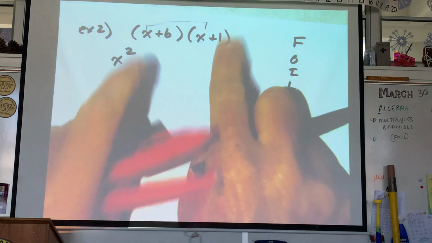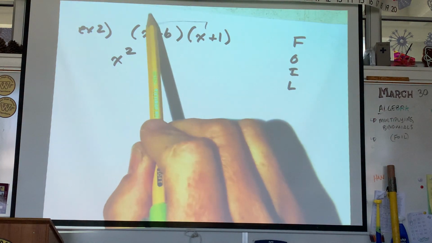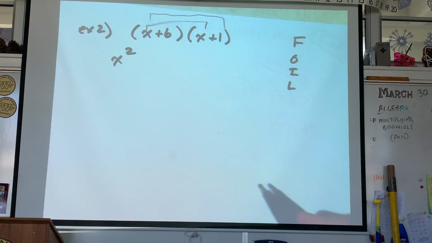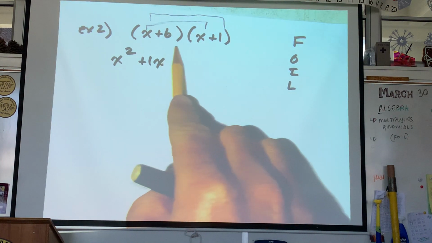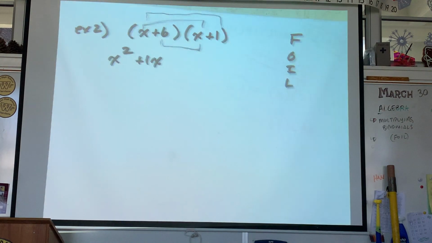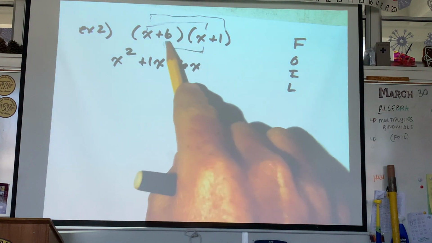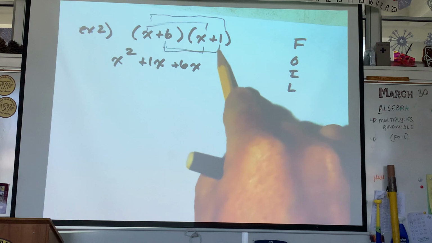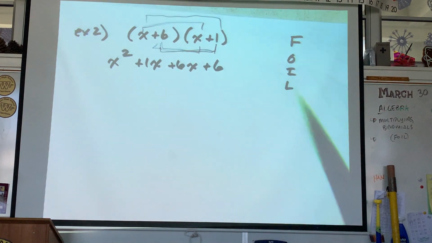The outers, here's the outers. The x and the 1. What's 1 times x? It's positive 1x. The inners are 6 and x. 6 times x is positive 6x. And the lasts are the 6 and the 1. 6 times 1 is positive 6.